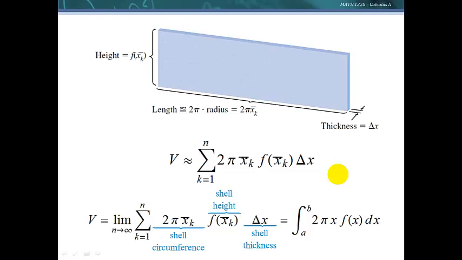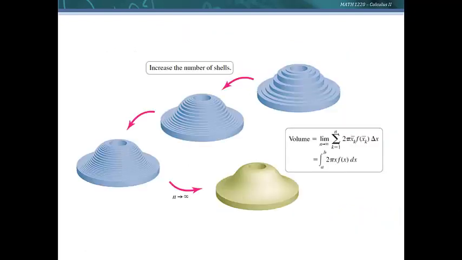So we simply have each of these pieces, which is length times width times height, and in the limit we have the integral from a to b of 2 pi x, that's our circumference, our length, multiplied by the height, f of x, multiplied by our width, our little thickness, dx.